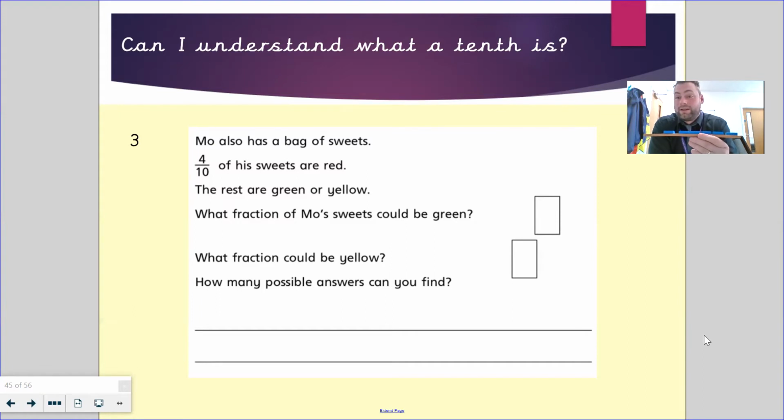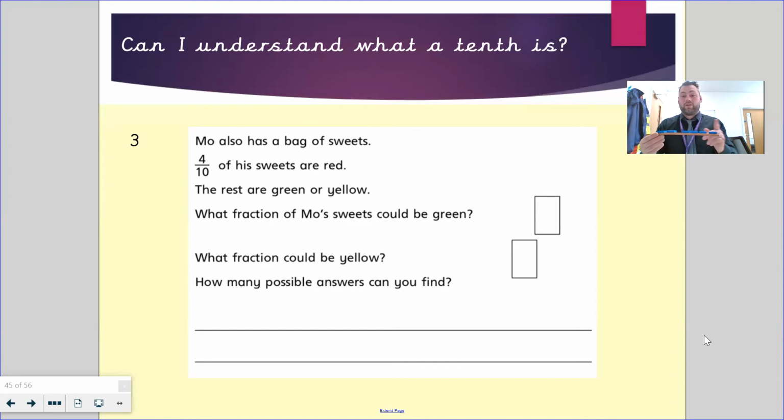6/10 of them could be green. 6/10 of them could be yellow. We could have 1/6 be green and 5/6 be yellow. We could have 2/10 being green and 4/10 being yellow. So we've got 6/10 to play with.